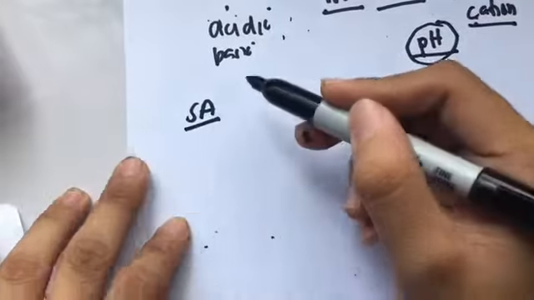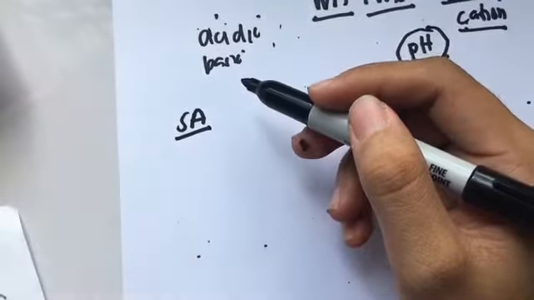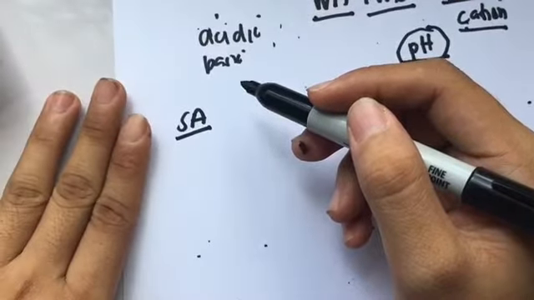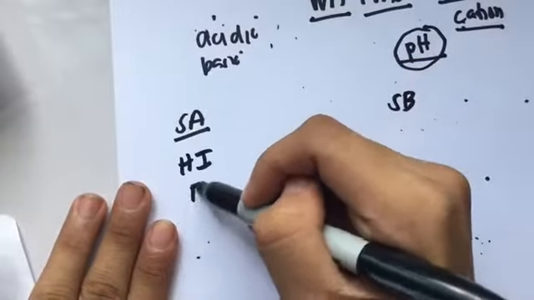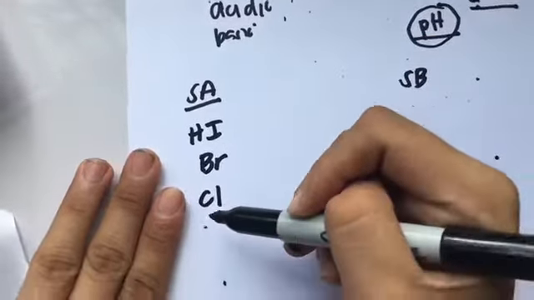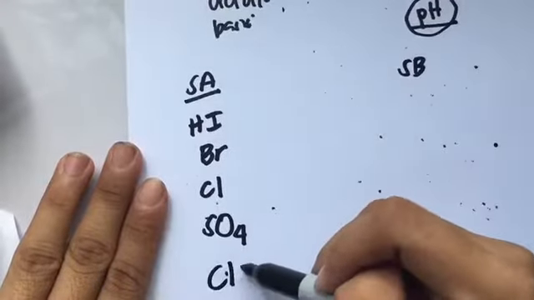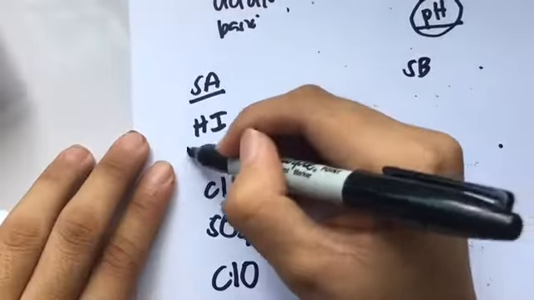So in a strong acid, meron akong mnemonics na natatandaan ko pa nung grade 12. Sabi ng teacher ko, ang mnemonics niya is high, brother, clear, so close, no. So we have high, brother, clear, so close, no. So dadagdagan mo lang siya ng H dito.